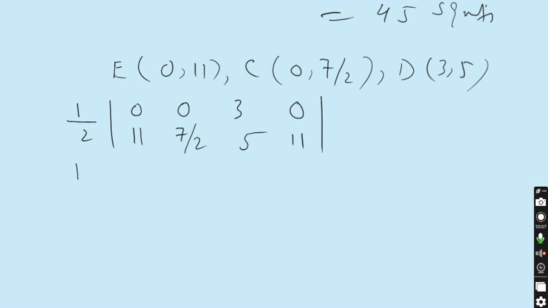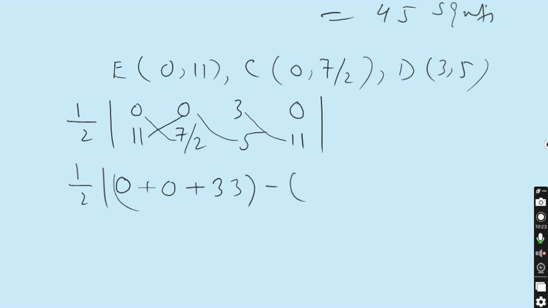1 upon 2, 0 times 7 upon 2, 0 times 5, 3 times 11. 0 into 7 upon 2 is 0, 0 into 5 is 0, 3 elevens are 33. Bracket close.